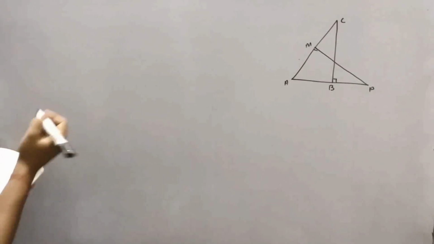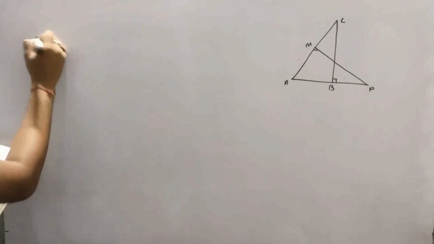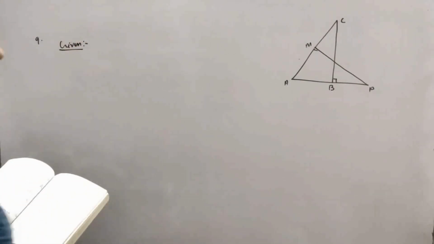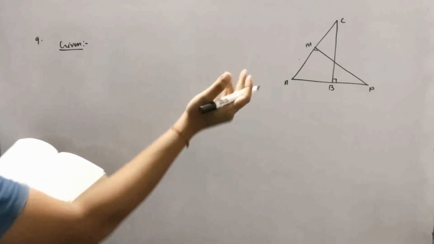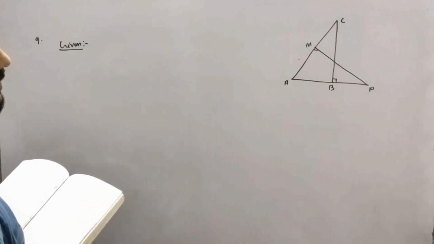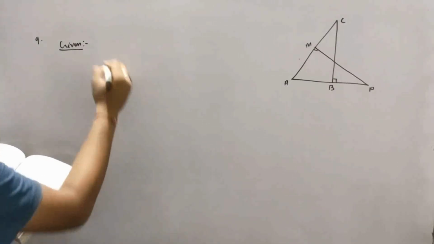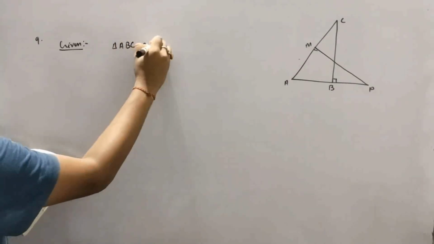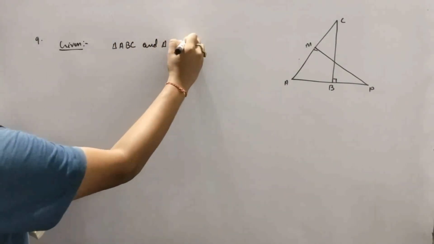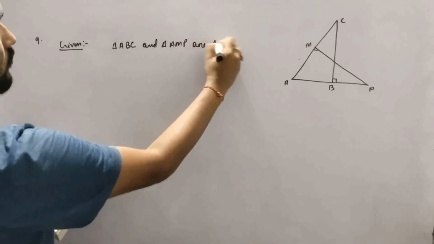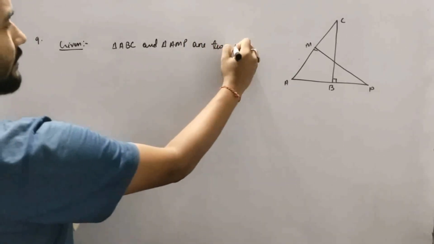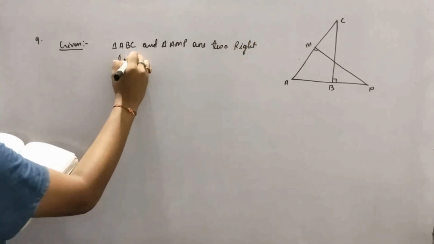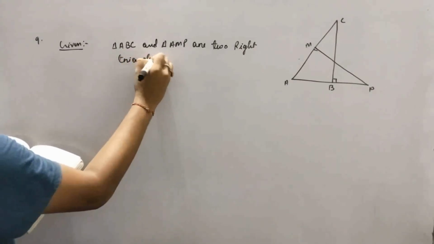So in given question number 9, in given section, what we can write? Simple thing you can write. You can mention that these two are right triangles. Triangle ABC and triangle AMP are two right triangles.